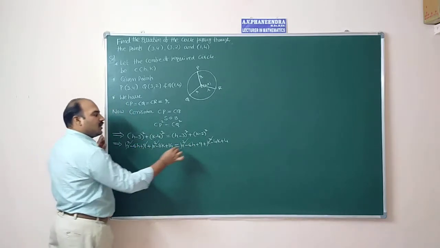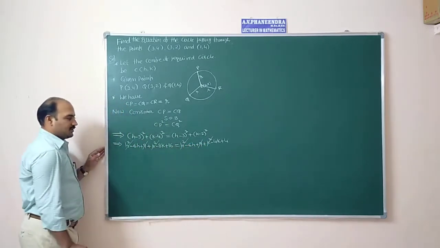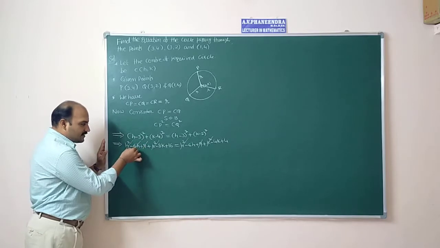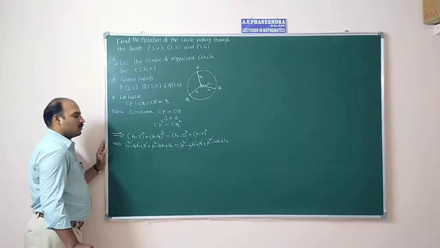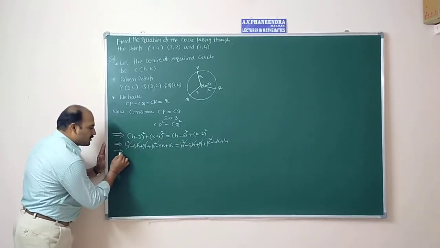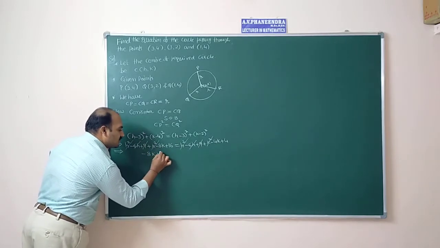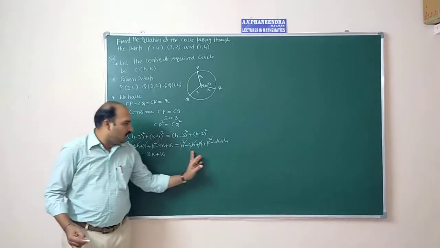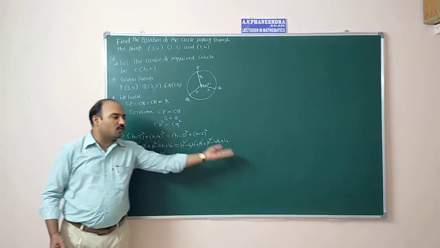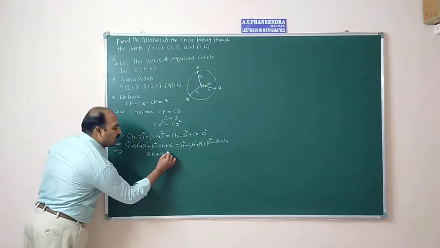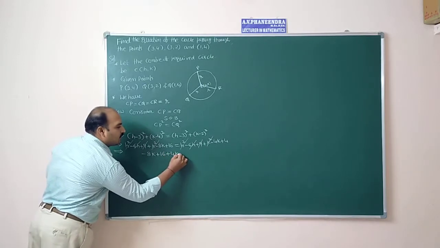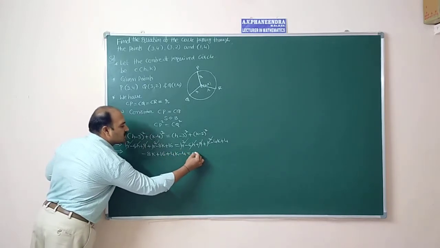Here plus 9, here also plus 9, you have to cancel it. Even minus 6h also. So now the rest of the terms, minus 8k plus 16. Here also minus 4k and 4 we are taking this side. Minus 4k we can take this side plus 4k. Minus 4 we can take this side minus 4.